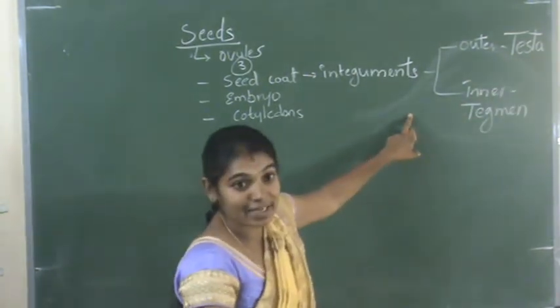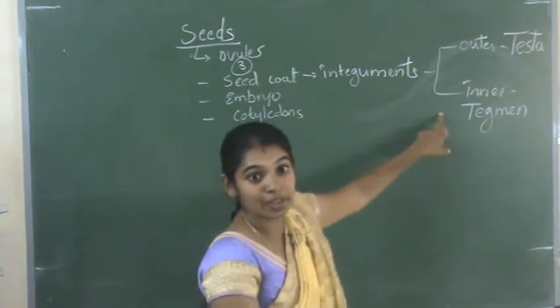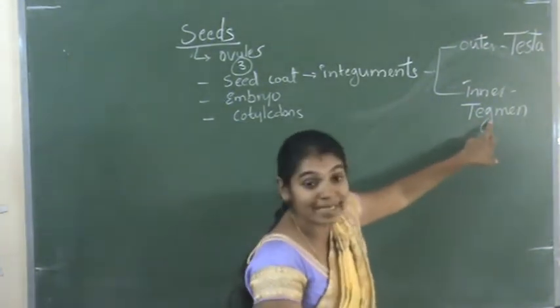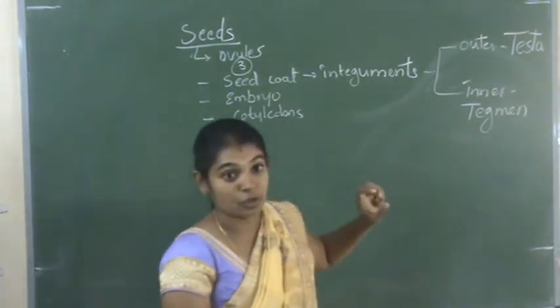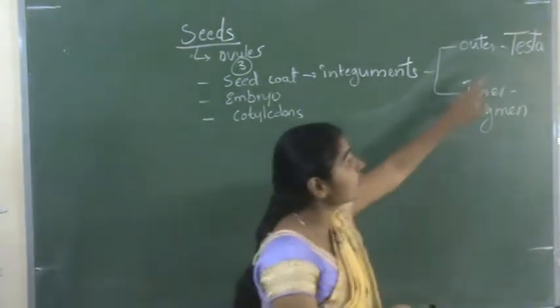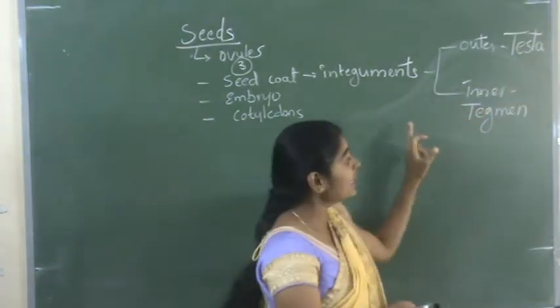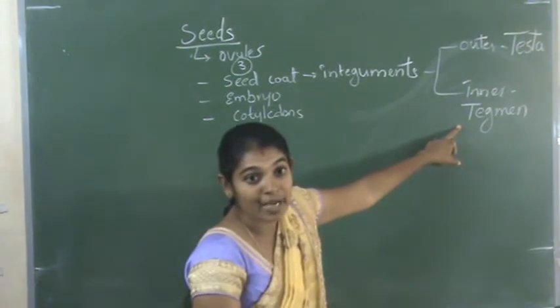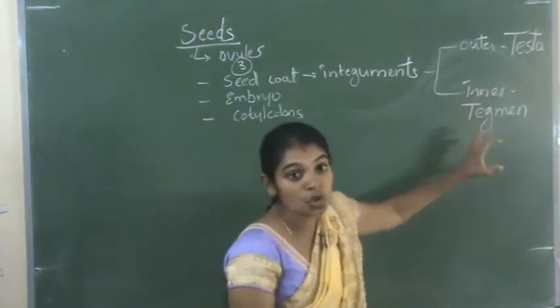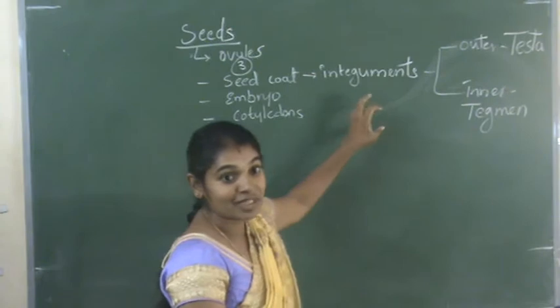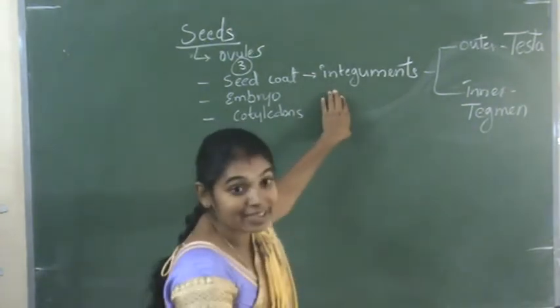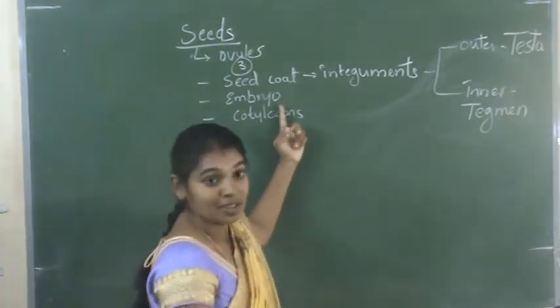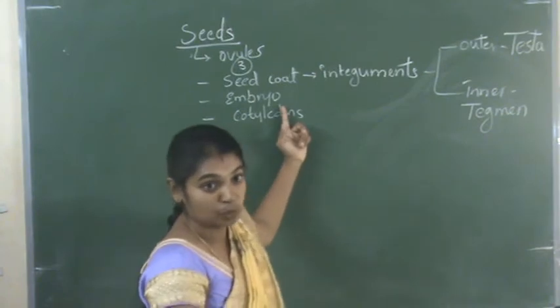From the inner integument, the inner seed coat is formed, and that inner seed coat is known as the tegmen. So two seed coats are developed from the two integuments. It is important to know that the outer seed coat is known as the testa and the inner seed coat is known as the tegmen. These two layers of the seed coat protect the sensitive and delicate embryo.